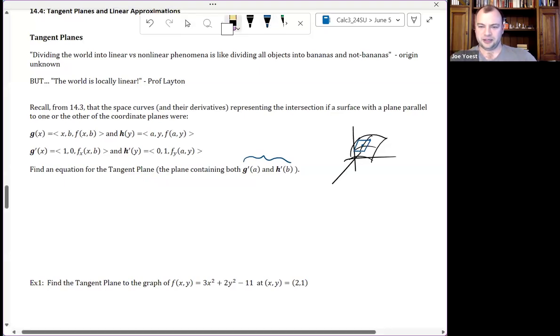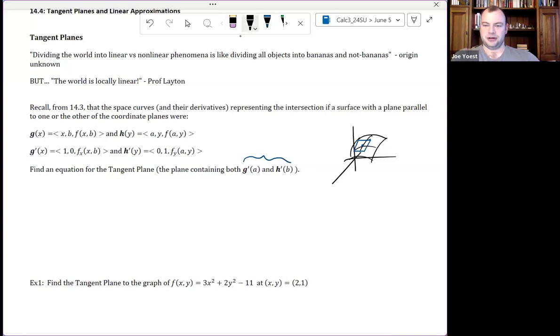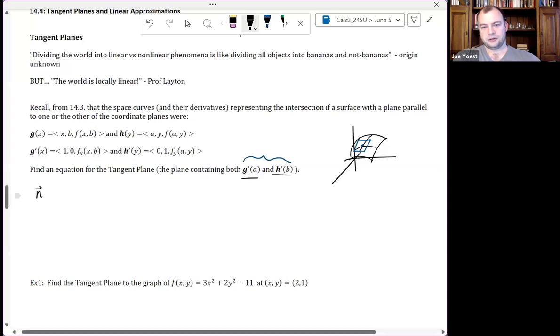Okay, so thinking back a couple of chapters, if I have two vectors that lie in a plane and I want to find the formula for the plane, well, to find the formula for the plane, I need a normal to the plane. And to find a normal, the go-to method is to take a cross product. So let me take my normal to be G prime cross H prime.